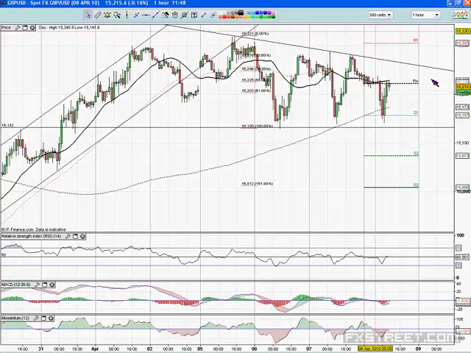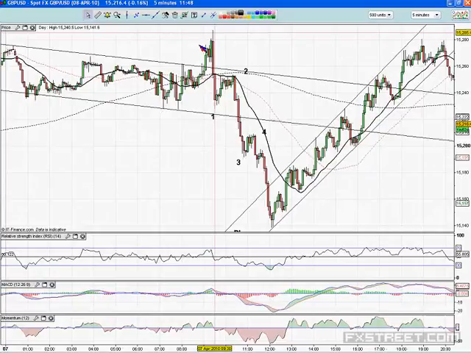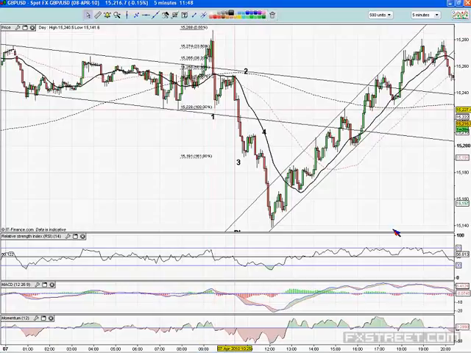I then go back to my 5-minute chart. I put a fib projection on here. This is just how the trade was set up for yesterday. I get a fib projection there. It breaks this trend line.